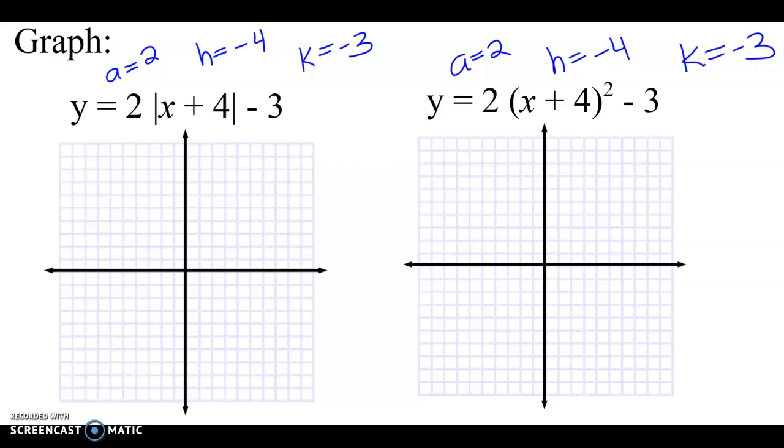So, what is the vertex of both of them? Negative 4, negative 3. That is the same. Now, what is the a value? 2. What does that mean? That's the slope.